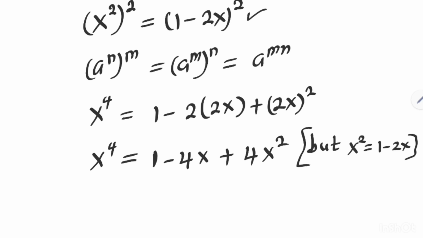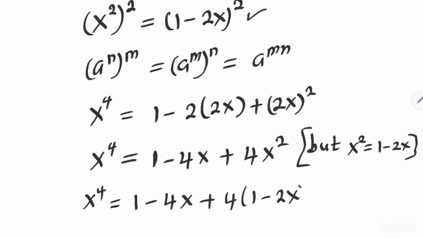Then this can be written as x raised to power 4 is equal to 1 minus 4x plus 4 bracket 1 minus 2x.